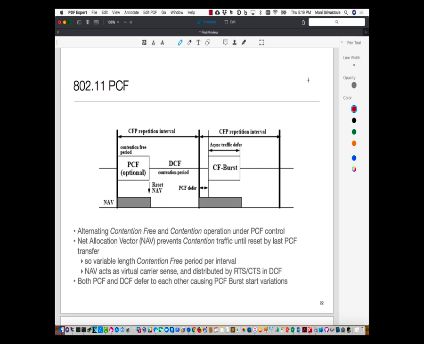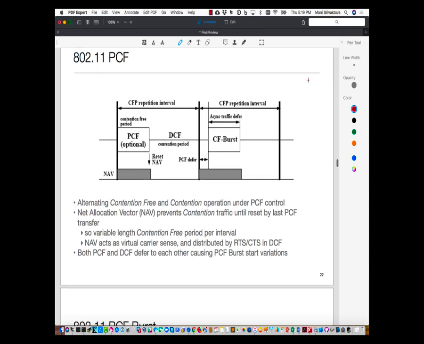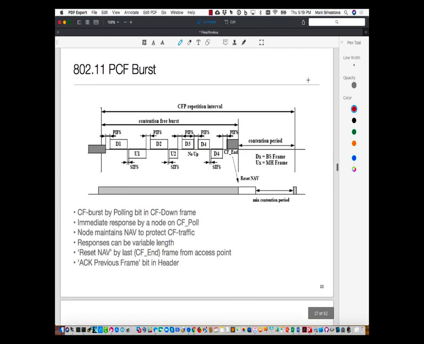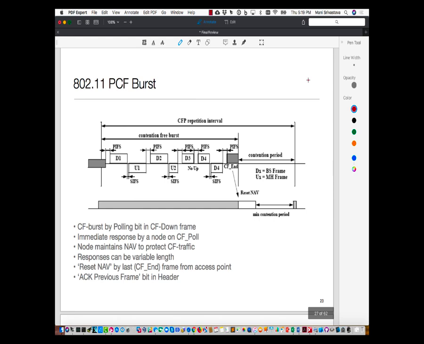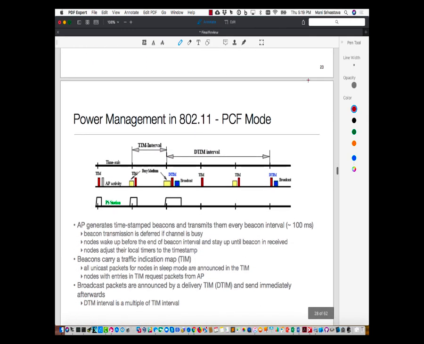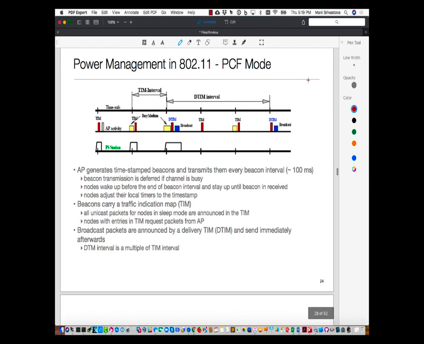And then finally, within this PCF period, basically what 802.11 does is a kind of polling. So the base station, the access point, basically asks, do you want to transmit something? Do you want to transmit something? So that way everyone transmits without collision. And so don't worry about the details on this one.